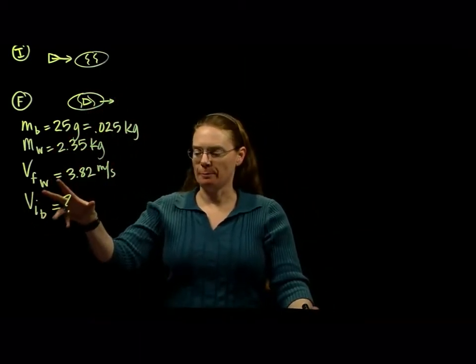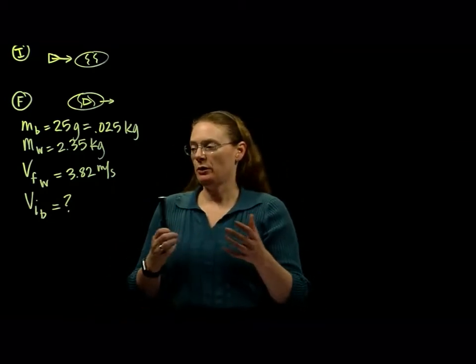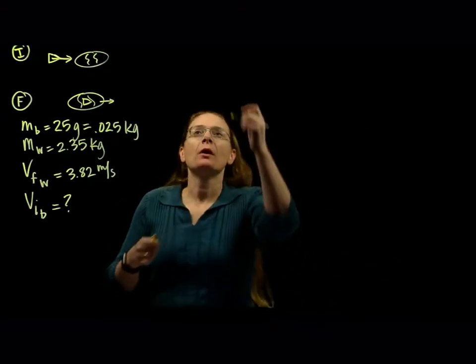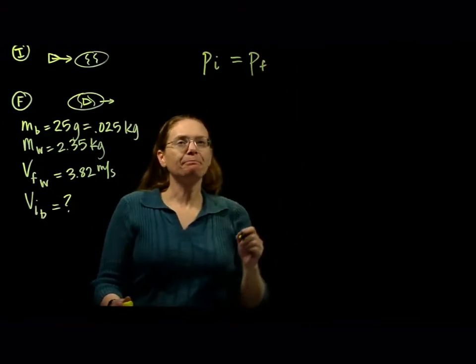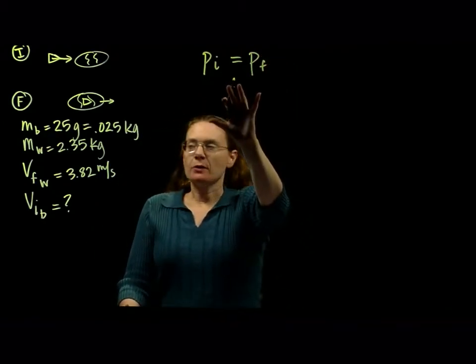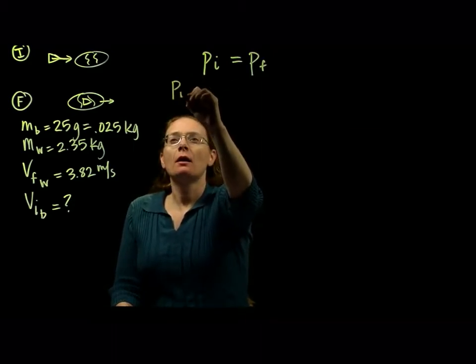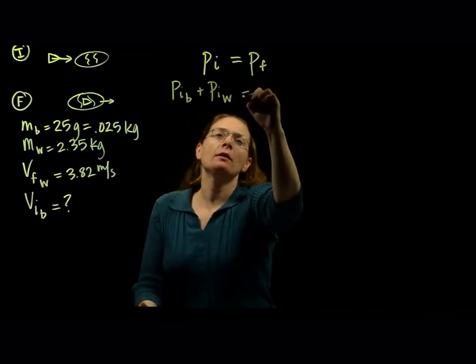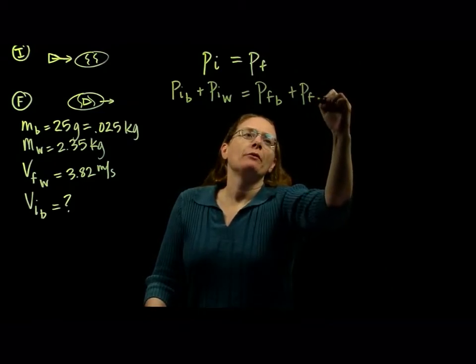Knowns, unknown. We are dealing with conservation of momentum here, so we just need to know that the initial momentum and the final momentum have to be equal. Initial has to equal final. We have two objects, which means we need to deal with the initial momentum of the bullet and of the watermelon, and the final momentum of the bullet and of the watermelon.